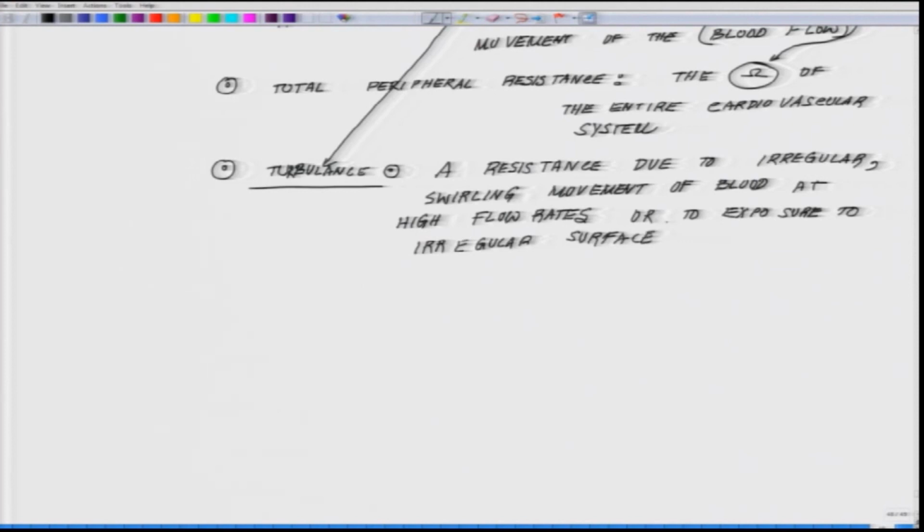Now, if you look through this definition, you are basically getting a resistance due to irregular swirling movement of the blood at high flow rates or exposure to irregular surface. Now, this is say the original surface. On this you have, for example, deposition places.